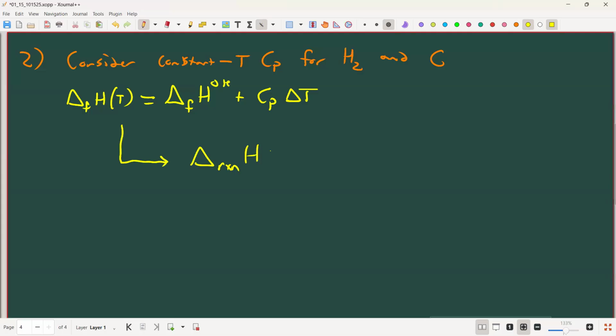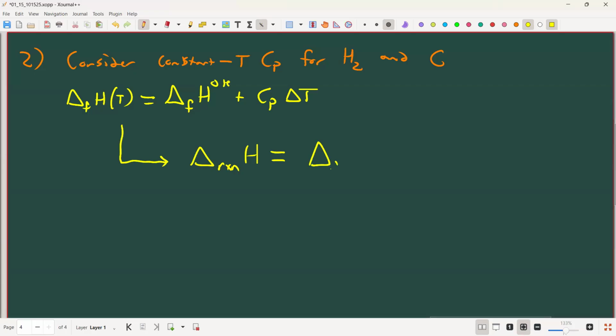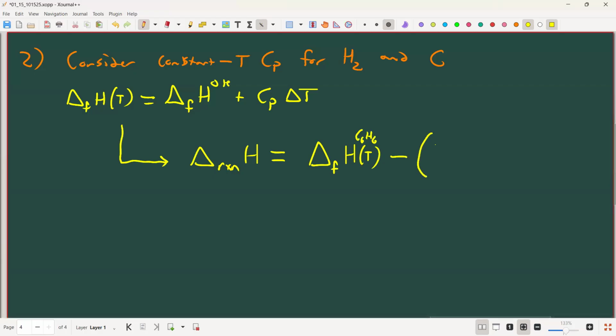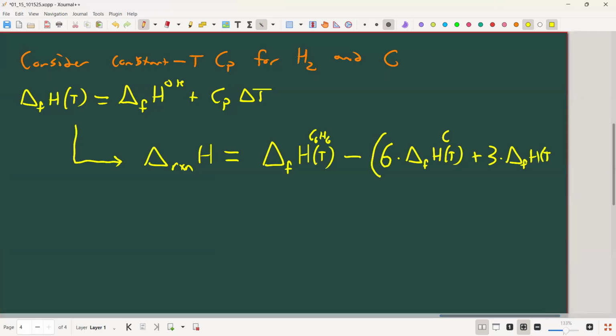The reaction enthalpy from Hess's law is the formation enthalpy at some temperature of benzene minus 6 times the formation enthalpy at some temperature of carbon plus 3 times the formation enthalpy at some temperature of H2.